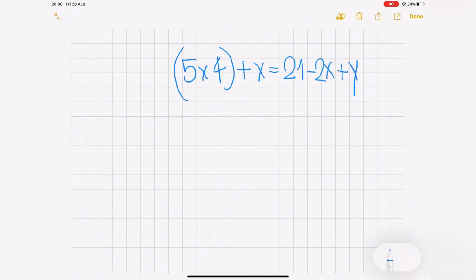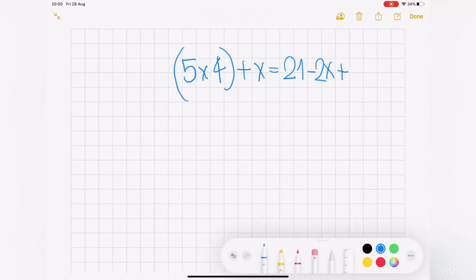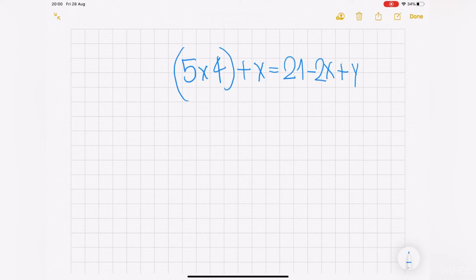Now after this, in some tests, there will be a lot of alphabet letters that you could use that we have to answer. In this algebra, we just have to find what x equals and what y equals.